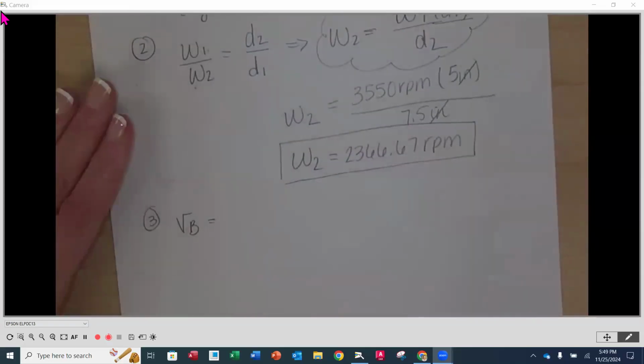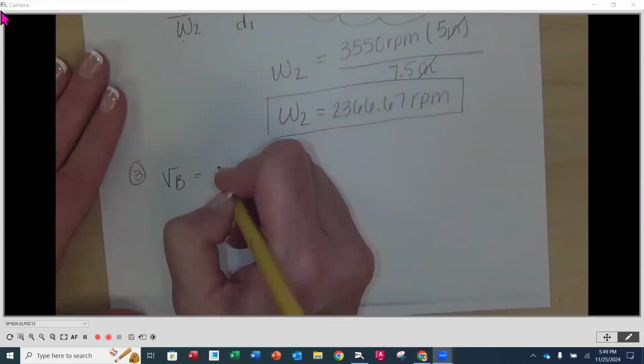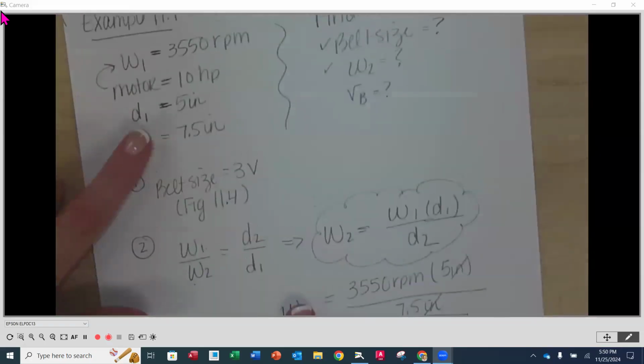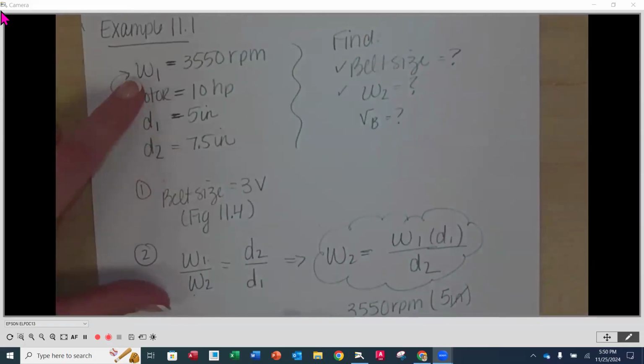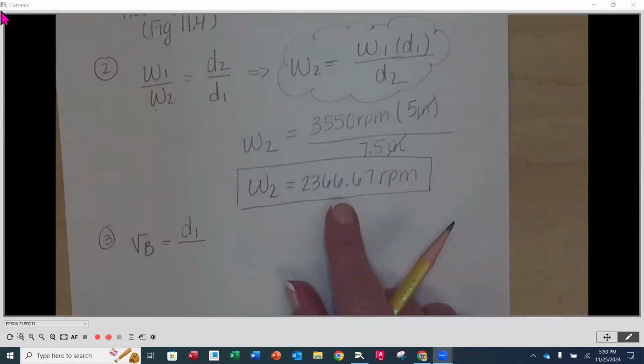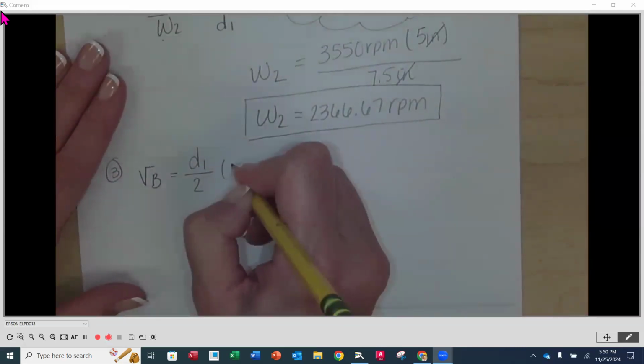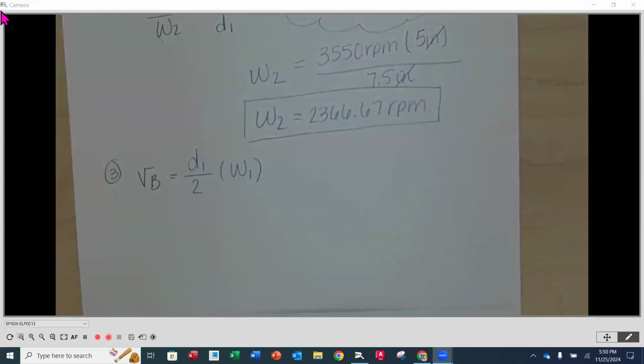So our base equation here is going to be D1. Now we're going to use D1 because we're given it as original information, and the angular velocity of the driver was also given to us. I'm pretty confident in the angular velocity of our driven or our compressor, but it was a calculated value. So it's better to stick with given information.